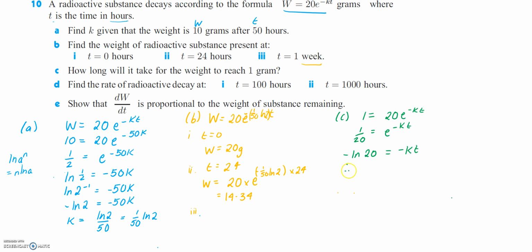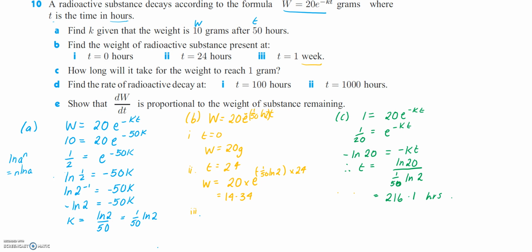Minus kt, so therefore t will be equal to, negatives will cancel, ln 20 divided by k, and k is 1/50th ln 2. So we pop that into the calculator and we get 216.1, and that is in hours. If you wanted to, you can convert that to days by dividing by 24. Your call.